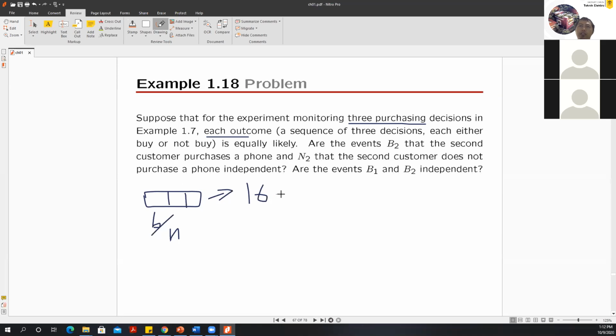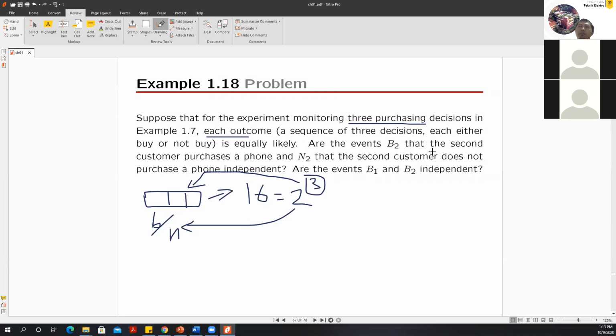So actually it is equal to 2 to the power of 3. The 2 comes from the possibility of buy or not buy, and the 3 comes from the 3 boxes here. Okay, back to the problem here.